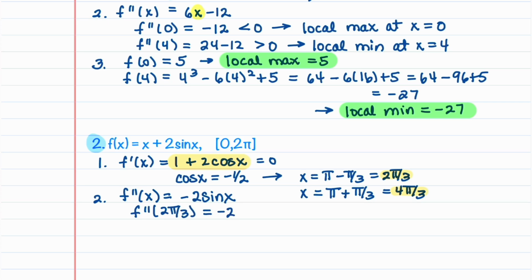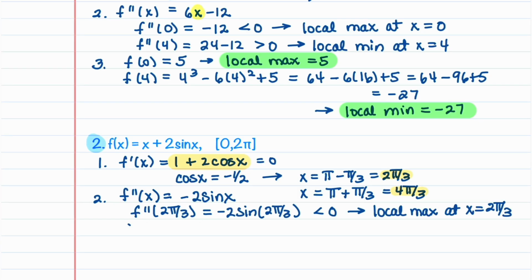This is minus 2 sine 2 pi over 3. 2 pi over 3 is in the second quadrant. Sine is positive in the second quadrant. So this is going to be less than 0. And this means that we are going to have a local max at 2 pi over 3.